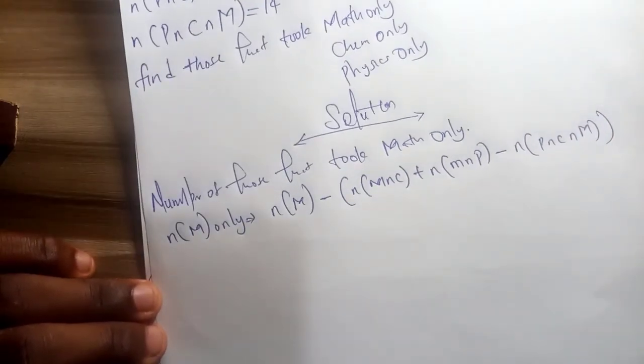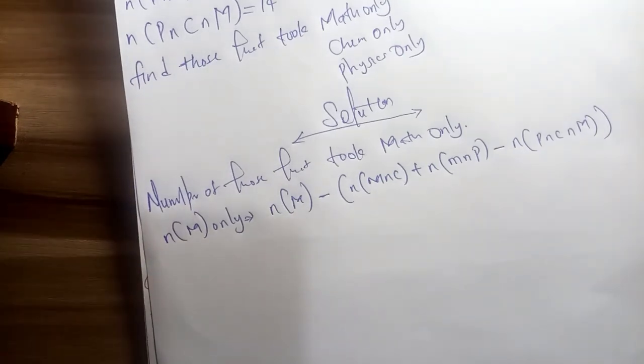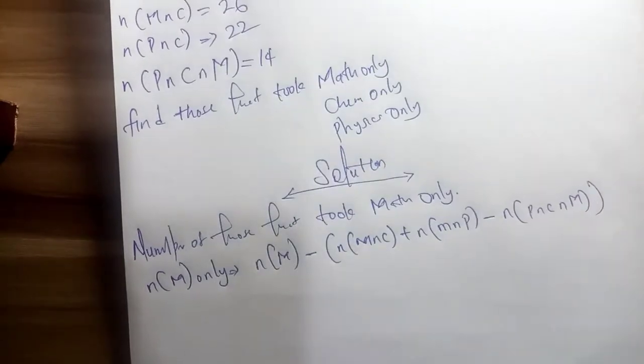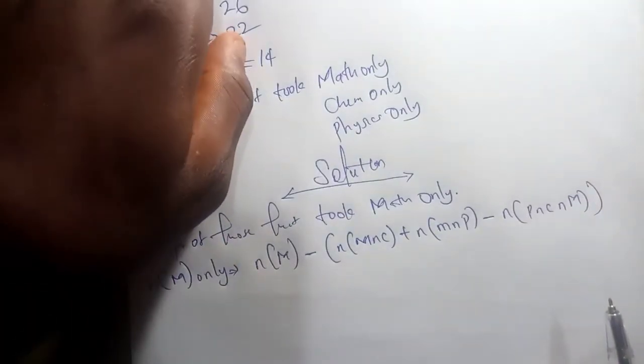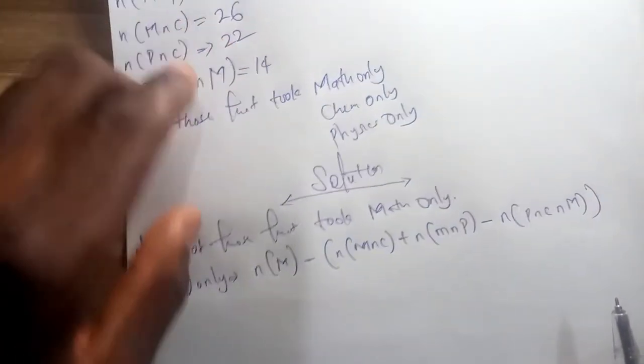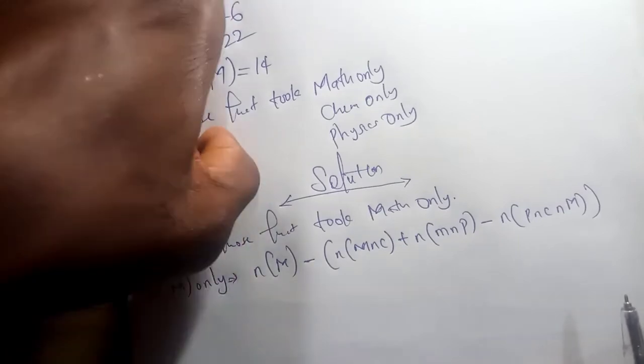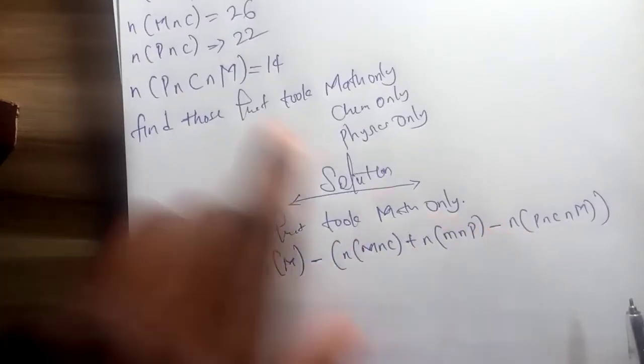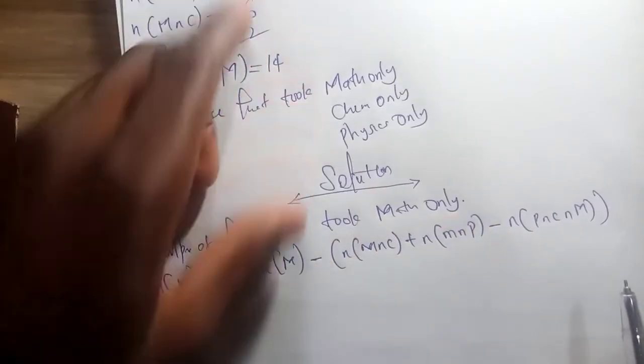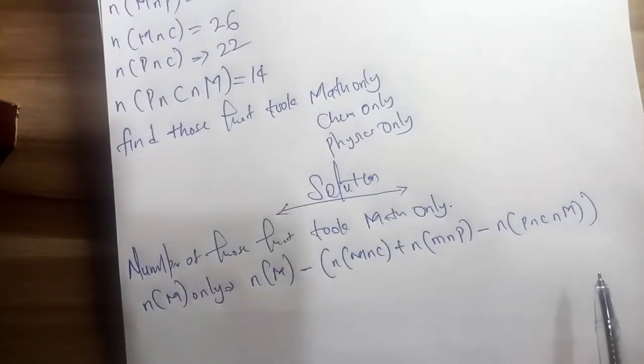Now, how do I know this formula? I noticed that they said 64 took math. Do you know that this 28 is part of this 64? This 26 is part of this, and this 14 is part of this. So we want to remove them away.